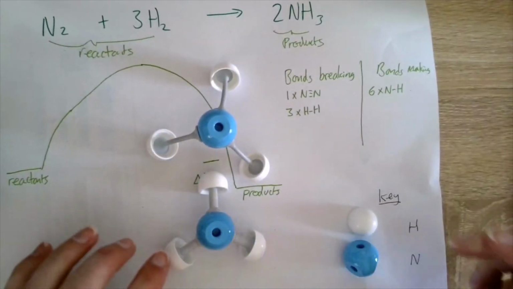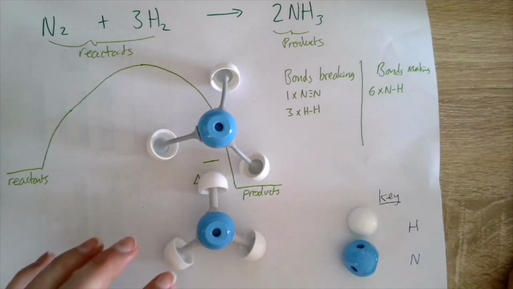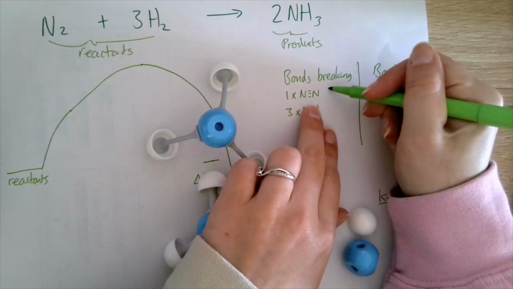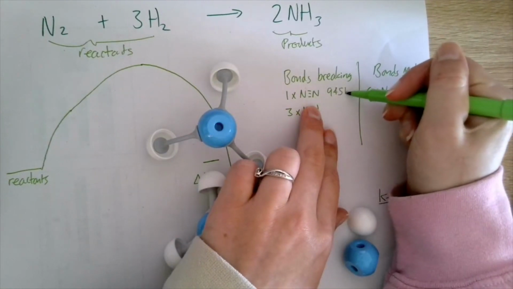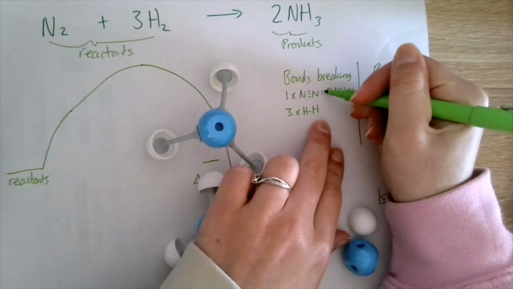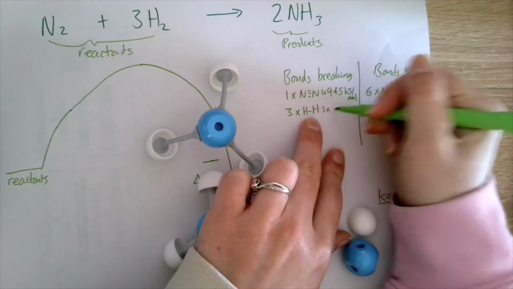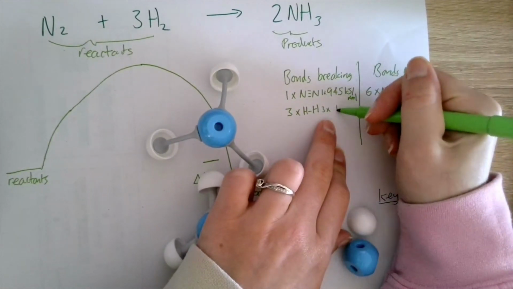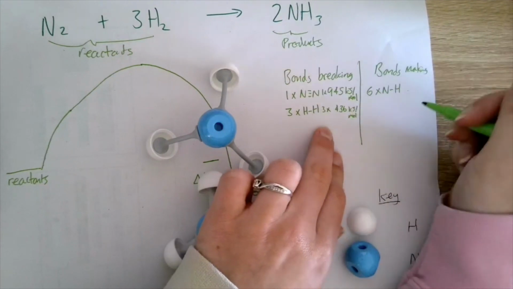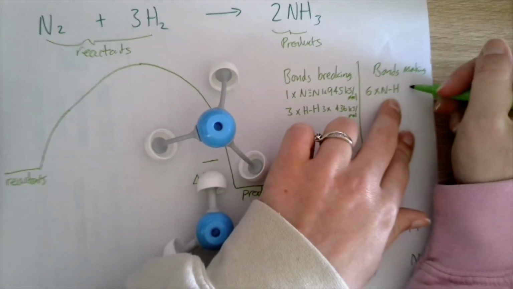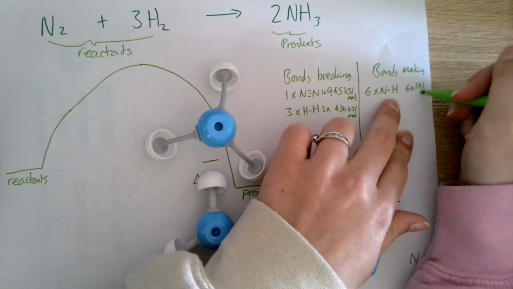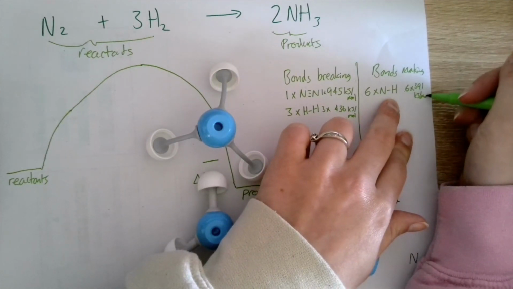So now to bring in our data, which we have in the table from our question. So the N triple bond N is 945 kilojoules per mole, and for our H-H we're going to have 3 lots of the 436 kilojoules per mole, and for our 6 N-H we're going to have 6 lots of our 391 kilojoules per mole.